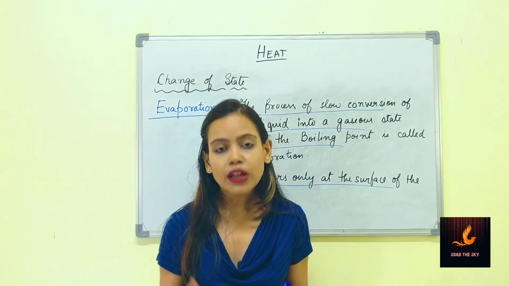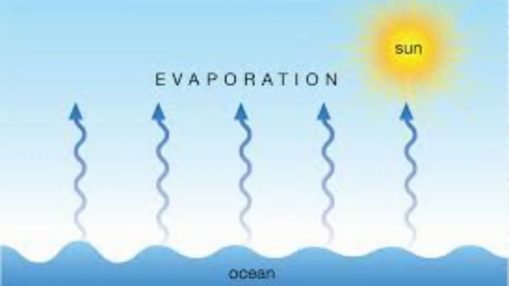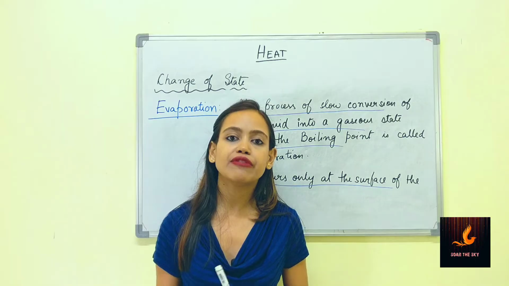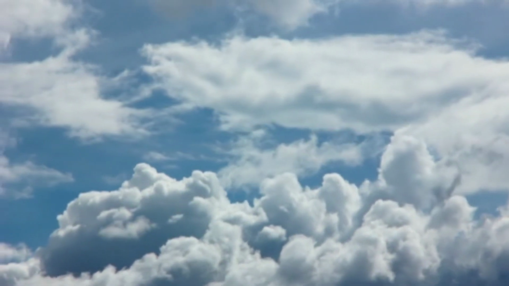So slowly and gradually the top level starts to evaporate and form vapors, and these vapors ultimately form clouds, and during the monsoon these clouds become so heavy with moisture they fall down as rain, as we have already studied in the lower class as the water cycle.